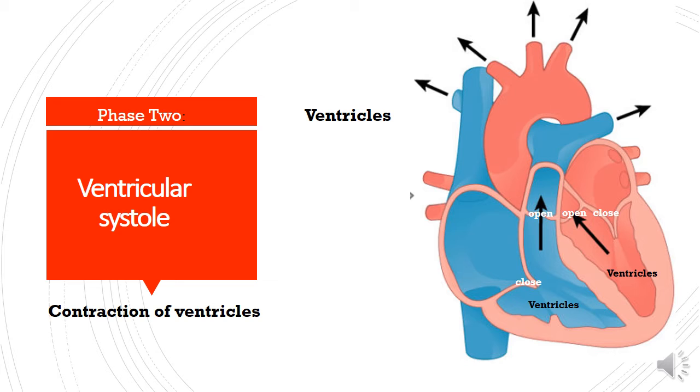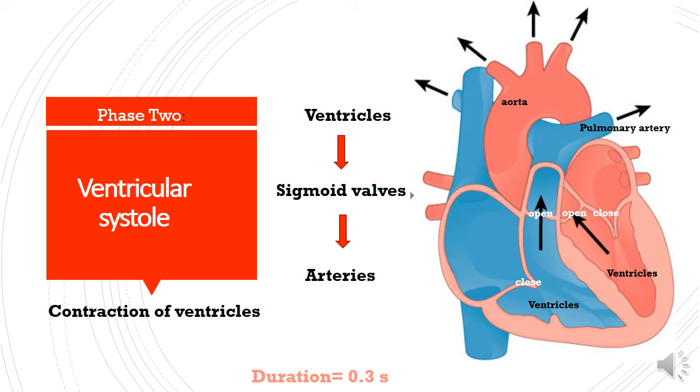The blood will be pushed from the ventricles through the sigmoid valves into the pulmonary artery and the aorta. The pulmonary artery will carry the blood to the lungs, and the aorta will carry the oxygenated blood to the rest of the body. The duration of this phase is 0.3 seconds, and this is known as ventricular systole. So this is the contraction of the ventricles.